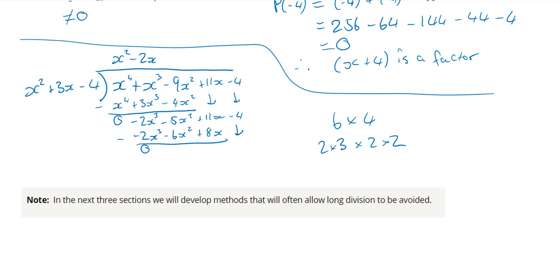Negative 5x squared minus negative 6x squared gives me positive x squared. 11x minus 8x is plus 3x and minus 4. What do I times x by to get that? 1. So plus 1 gives me x squared plus 3x minus 4, 0. Great, so that's my remaining factor there.